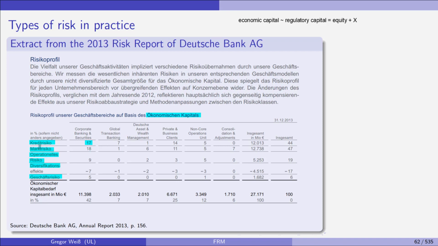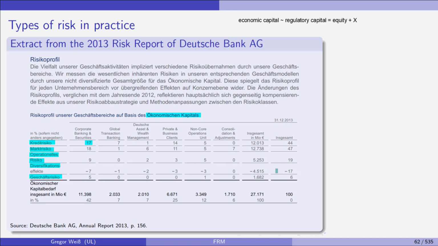And you can see, for example, credit risk, corporate banking, securities, global transaction banking, Deutsche asset and wealth management, non-core operations, and so on and so on. So this is the risk exposure, the used up economic capital in these business segments of Deutsche Bank. And obviously, they are also interested in diversification effects. It's rather small, one has to see.